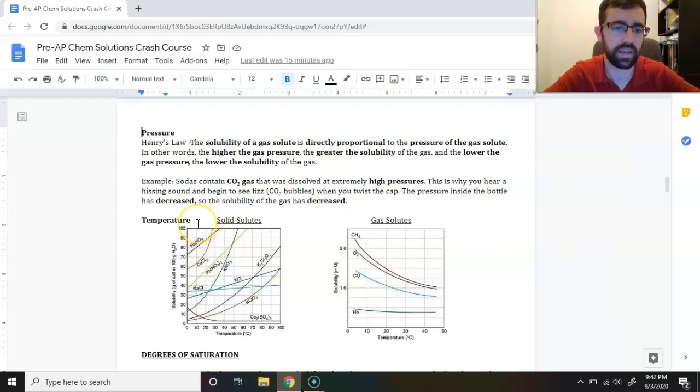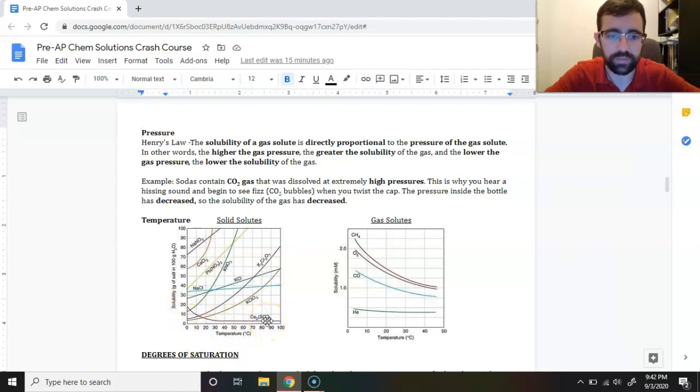And then temperature. With most solid solutes, as the temperature increases, so look at the scale, the x-axis is temperature, the solubility, the amount that would dissolve, also increases. You can see these upward slanting lines. But we have a downward slanting line.